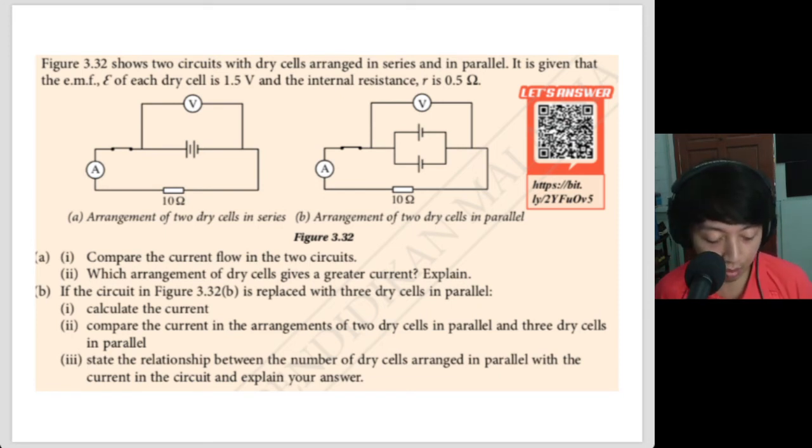So the explanation would be, I'll just read what's written in your textbook here. Increasing the number of dry cells that are arranged in parallel, so semakin banyak bateri kamu tambah, okay, will also increase the current in the internal circuit. Dia juga akan menambahkan current because the effective internal resistance decreases.